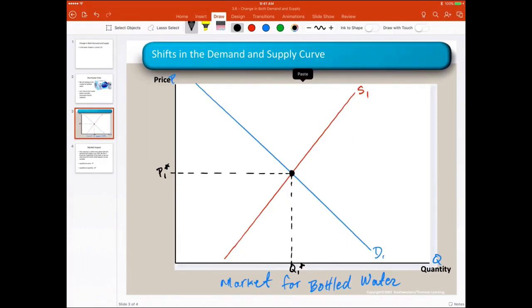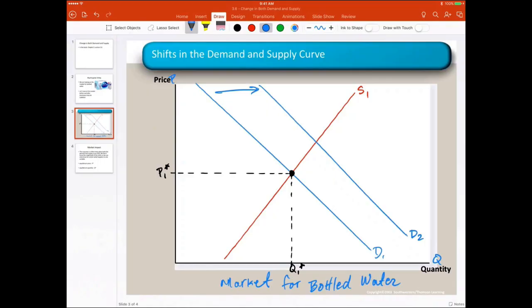Everyone's going about their normal lives before the hurricane. Now the hurricane hits, so there's an increased demand for bottled water. Let's draw our new demand curve. It's an increase, so that's going to be a shift to the right. We'll label that D2 to show the increase in demand due to the hurricane.